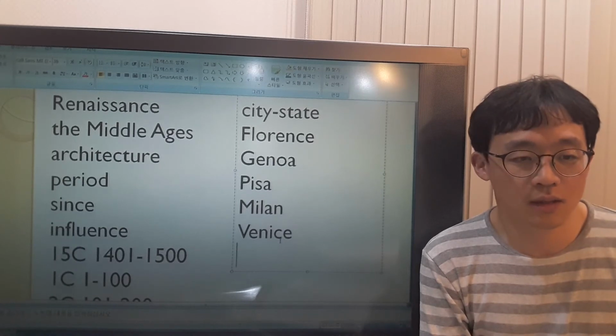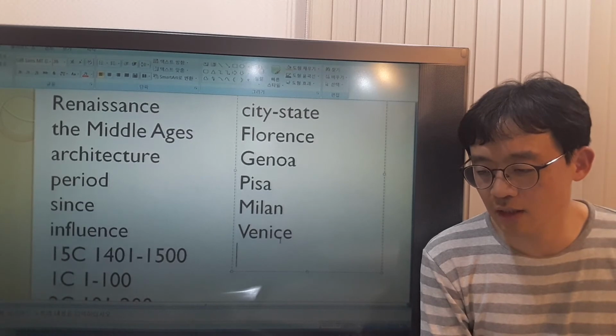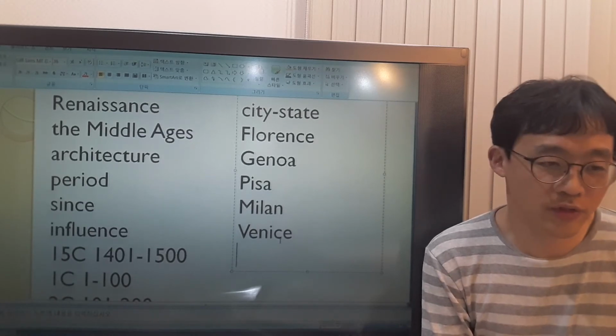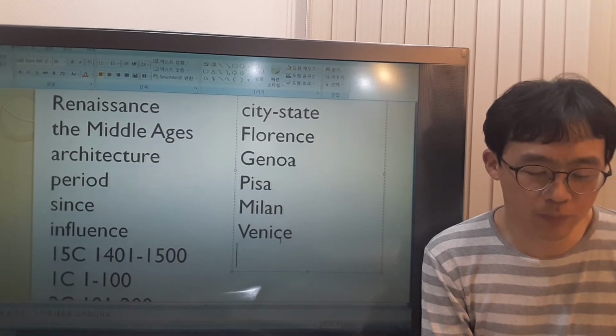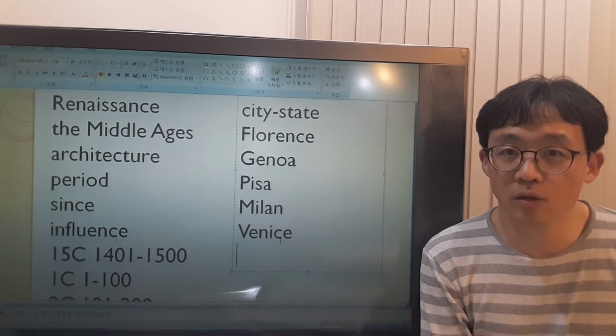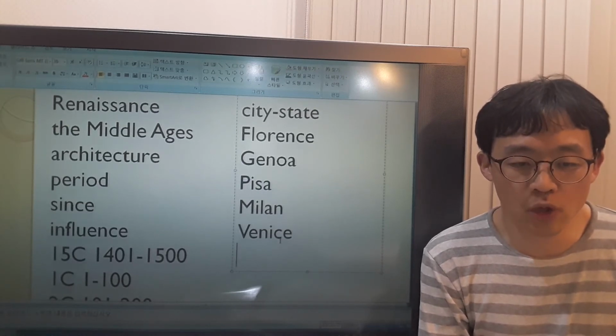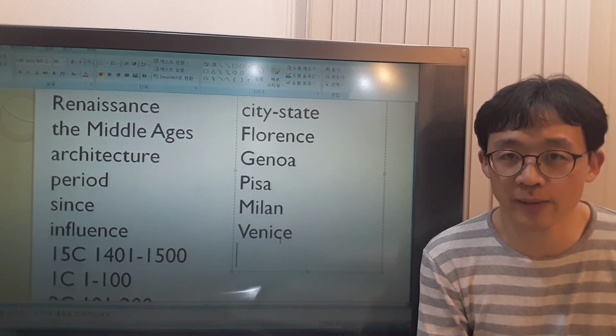Okay, feudal system is a political system in the Middle Ages. All right, when people were given land and protection from the landlord from the higher ranks, and they worked for them and they fought for them in return.